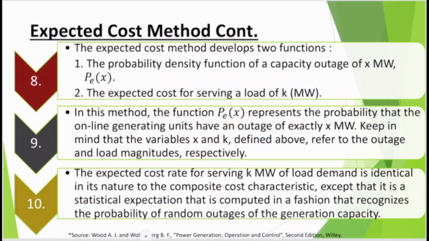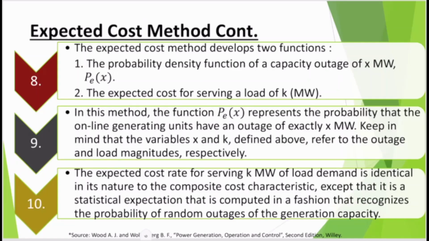Now in this method, the function P(X) represents the probability that the online generating units have an outage of exactly X megawatt. Keep in mind that the variables X and K defined above refer to the outage and the load magnitude respectively.